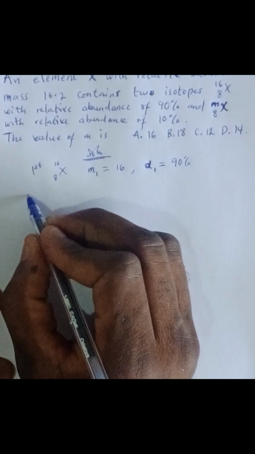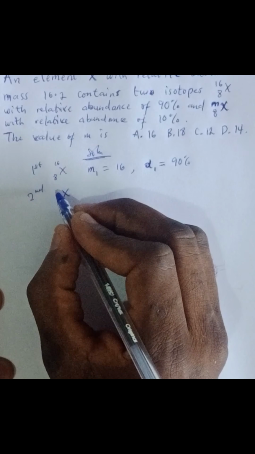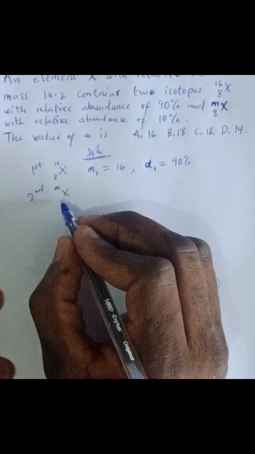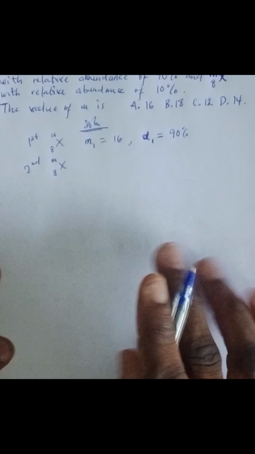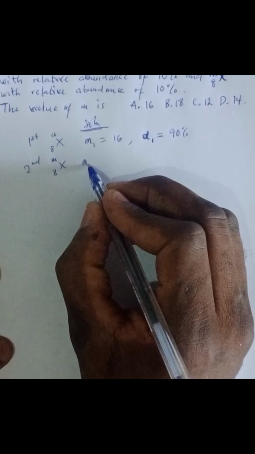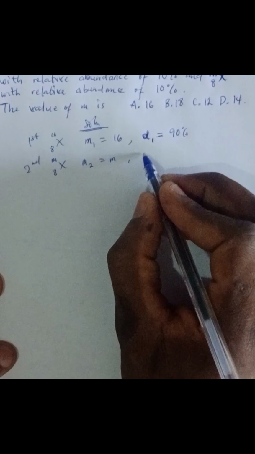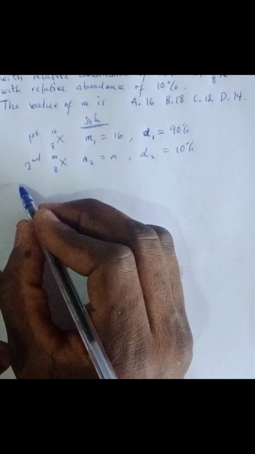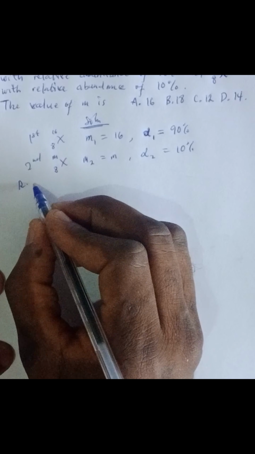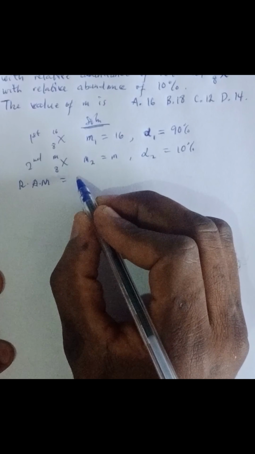Next, we have the second isotope, which is X, and it has a mass number of m while the atomic number is 8. Here we have our M2 equal to m, while our alpha 2 is equal to 10%.